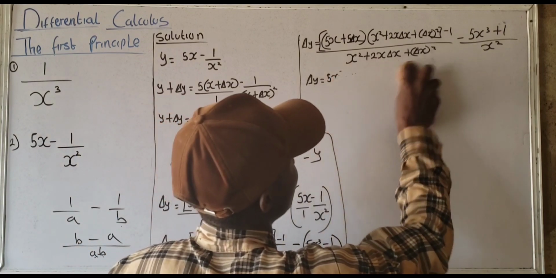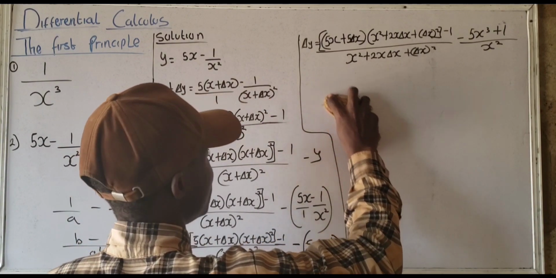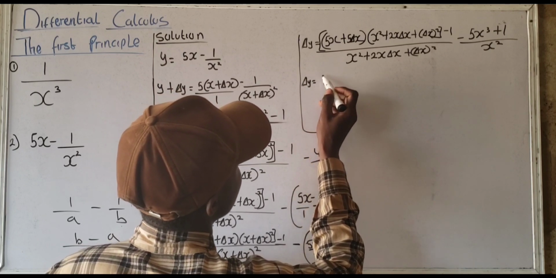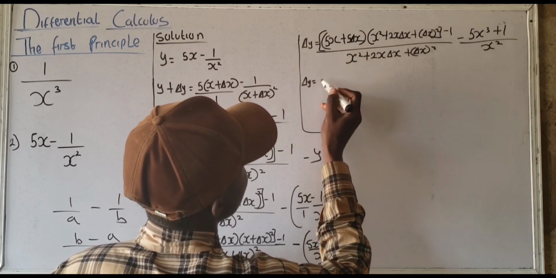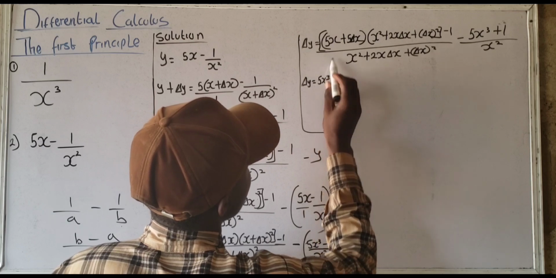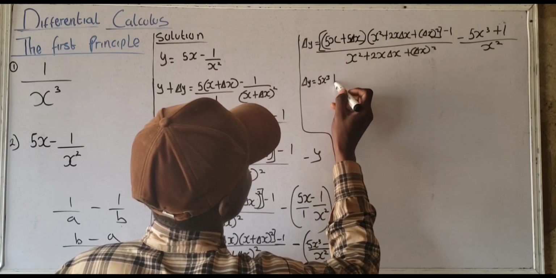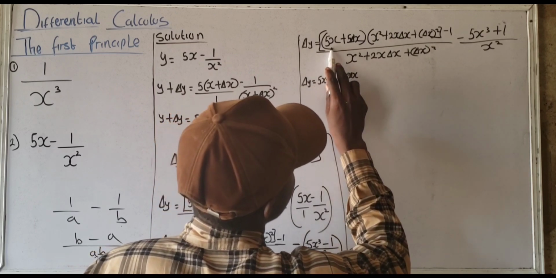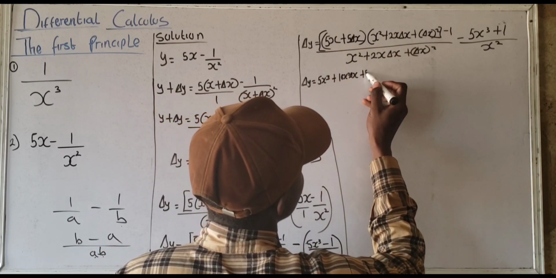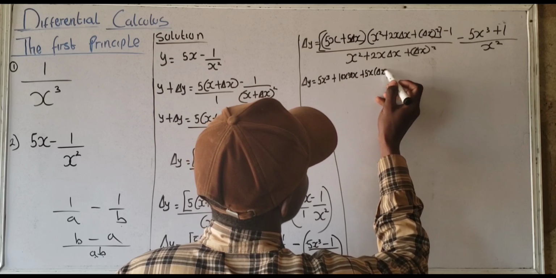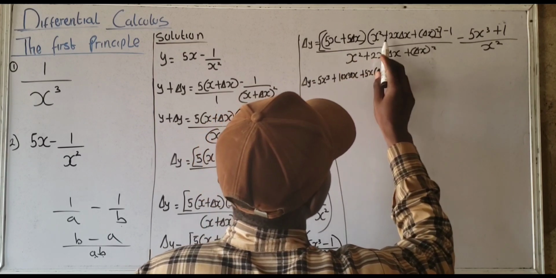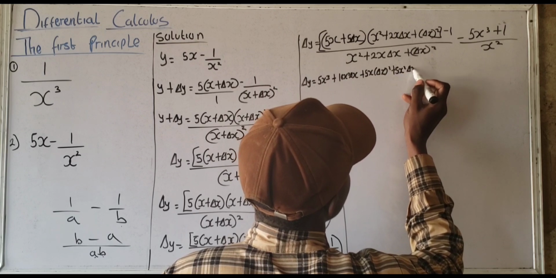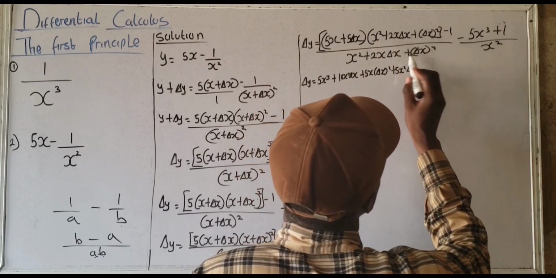Let me erase this. Because of the space, we're going to have something like this. Delta y is equals to, okay, 5x times x squared, that is what? 5x to the power of 3. 5x times 2x, that's what? Plus 10x squared delta x. 5x times delta x squared, that's what? Plus 5x delta x squared. Okay, 5 delta x times x squared, that is what? Plus 5x squared delta x. 5 delta x times 2x delta x, that is what?